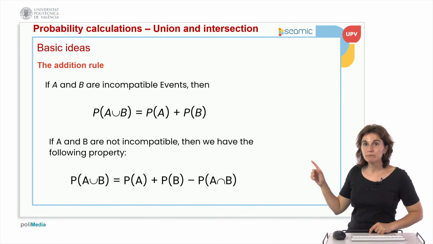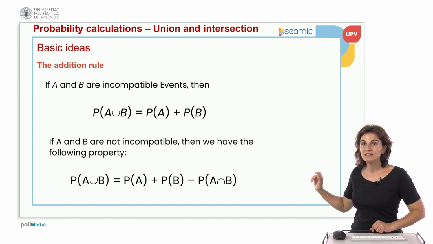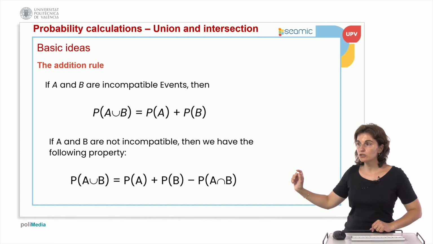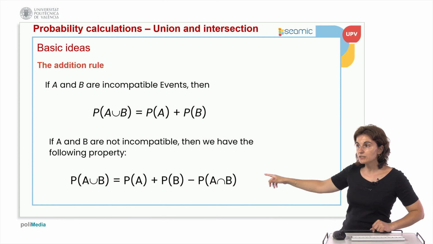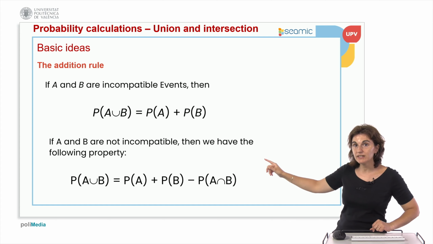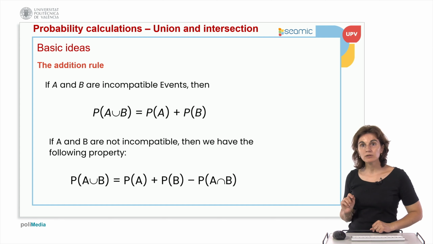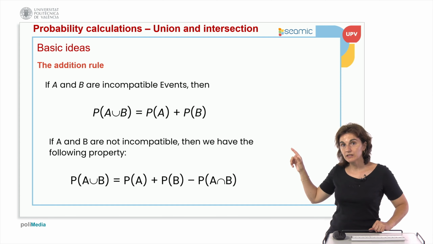But if A and B are not incompatible, which means that the intersection is not the empty set, that there is something in the intersection, you will need to consider the addition of P of A plus P of B minus the probability of the intersection of both events, P of A and B. That's very important because the addition rule changes according to the type of events that we are combining.